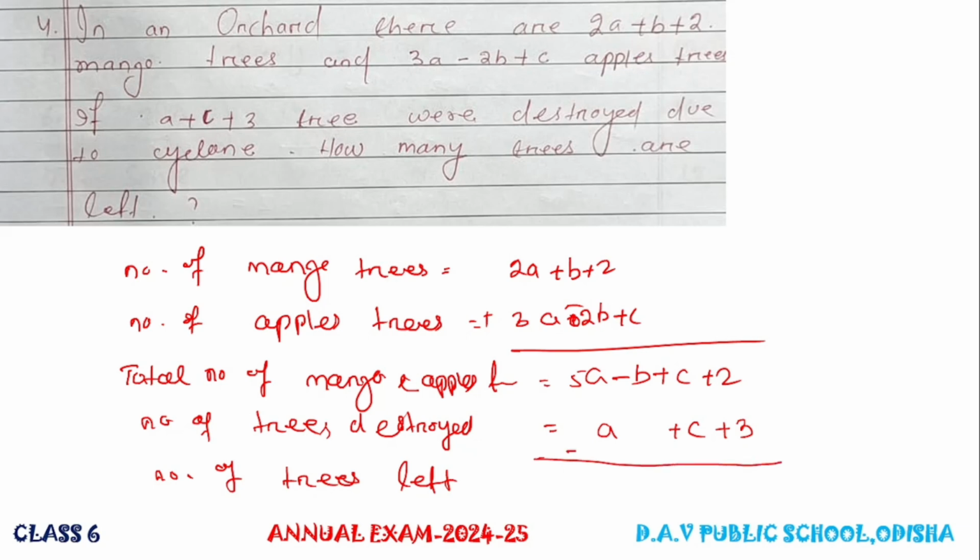First, change the sign. 3 minus 3 plus 2, that is minus 1. Here plus c and minus c cancel. Then minus b, and here is 4a. Okay. So the answer is 4a minus b minus 1.